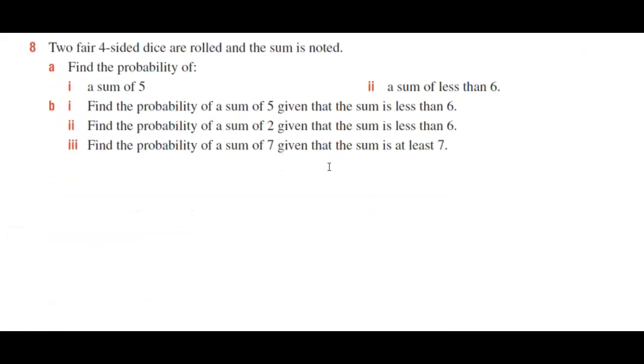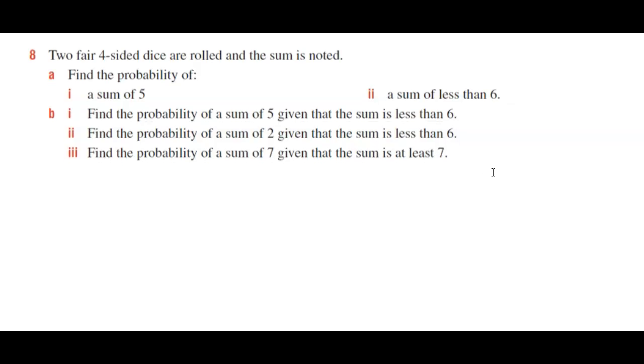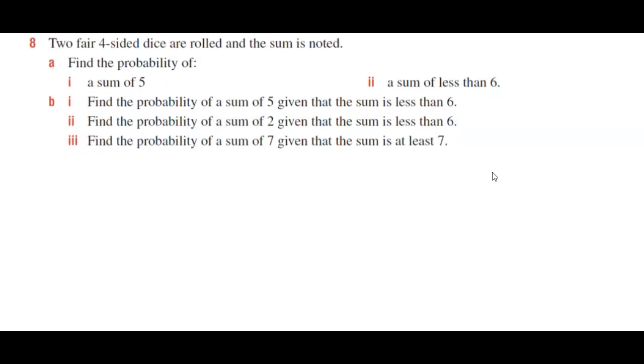All right, question 8. 2 fair 4-sided dice are rolled and the sum is noted. Find the probability of the sum of 5, and a sum less than 6. So we've got 2 separate dice. So the first die, sorry, second die.